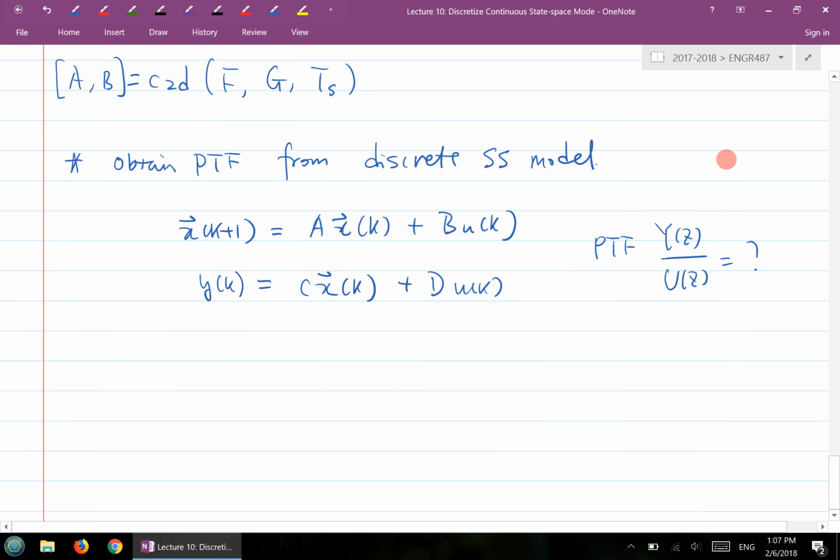So what we do is very simple. Based on the given state space model, we're going to take the Z transform of both sides of this equation first. And later we're going to take the Z transform also for this one here.